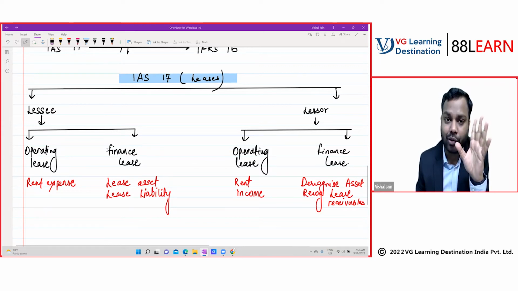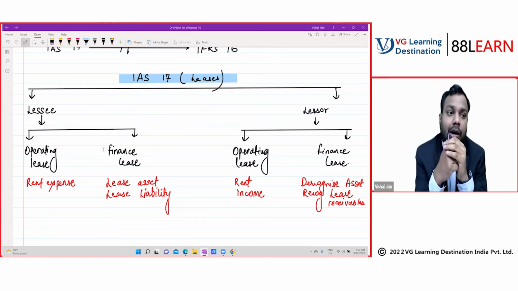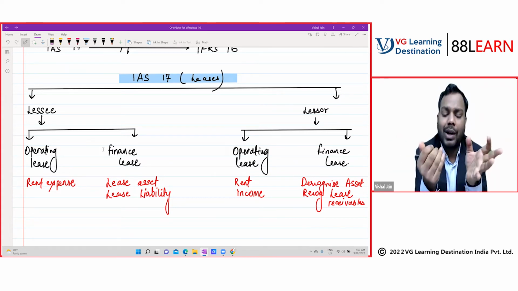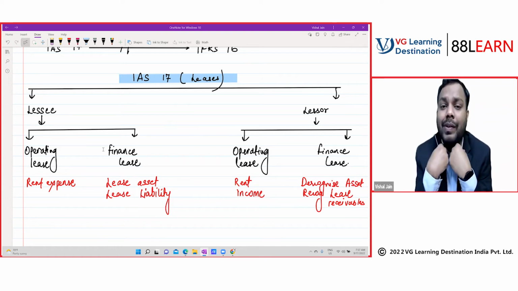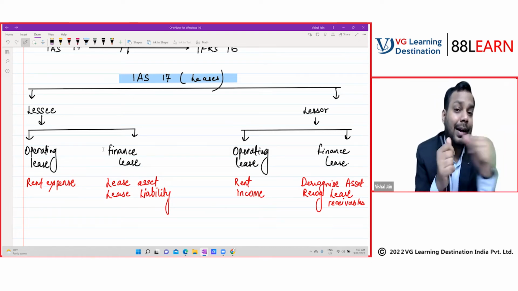There were 5 conditions to classify. If you have taken the asset on lease for a substantial period of the life of the asset, or if the present value of the lease payments is equal to or more or less equal to the fair value of the asset, basically you have an intention to purchase the asset rather than taking the asset on rental.